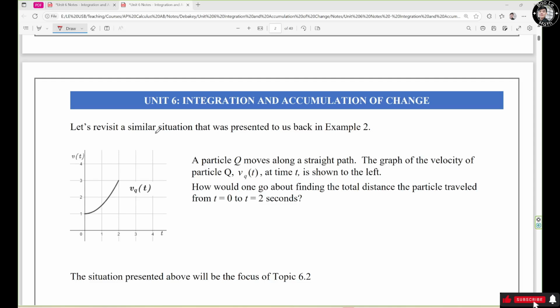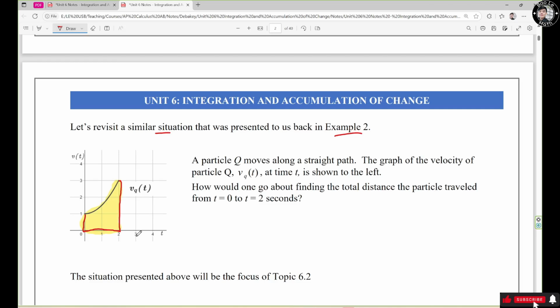Let's revisit a similar situation that was presented back in example number 2. In example number 2, the function v of t is a straight line. Now we just change this to a curve, so it's going to be something like this. Basically, you need to calculate the area under the curve. We cannot use the regular way to solve this problem.